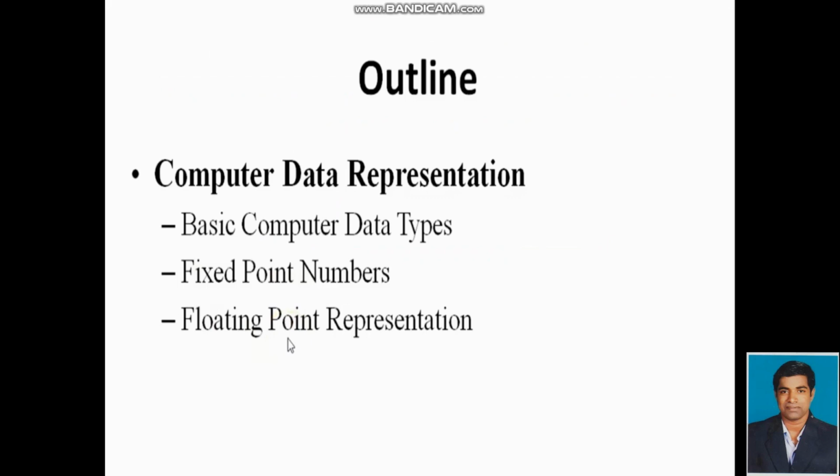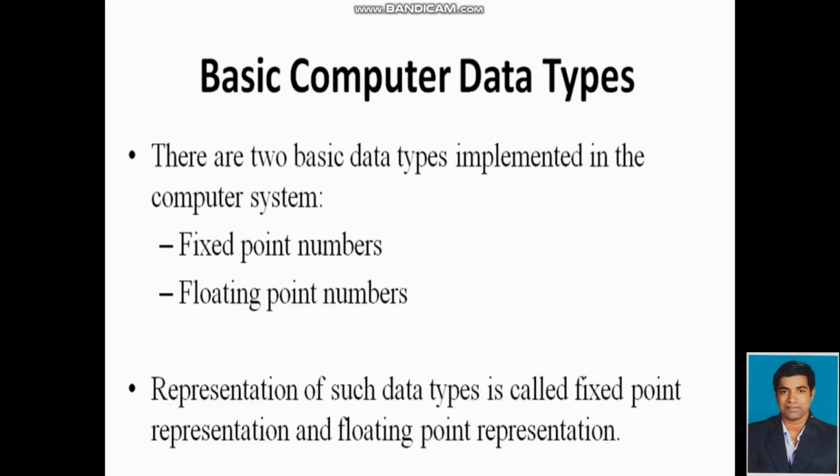The outline of this topic is computer data representation, mainly classified into two types: fixed point numbers and floating point representation, and basic computer data types. We are going to discuss this topic.